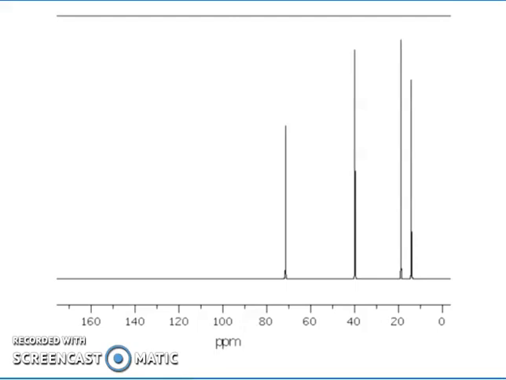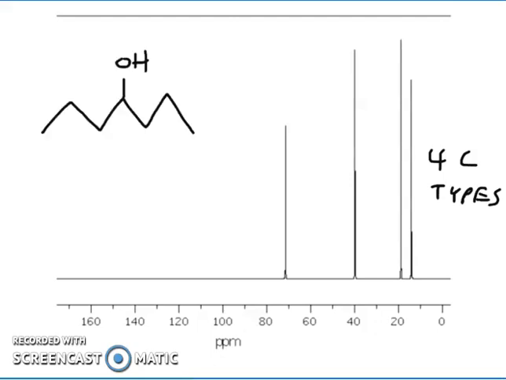We've got 4 carbon types here, but that does not mean we have 4 carbons. This, in fact, is the C-13 NMR spectrum for 4-heptanol, which has 7 carbons in it, but because of the symmetry, we only have 4 different types of carbon in the molecule.